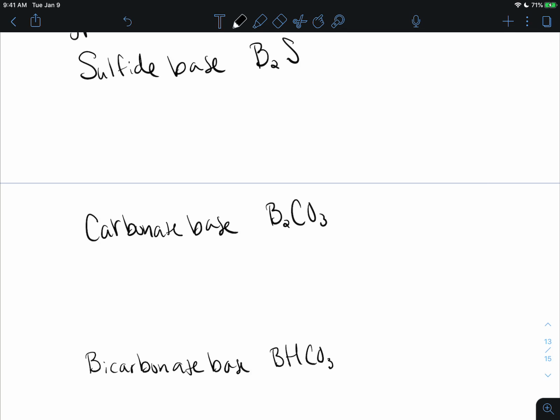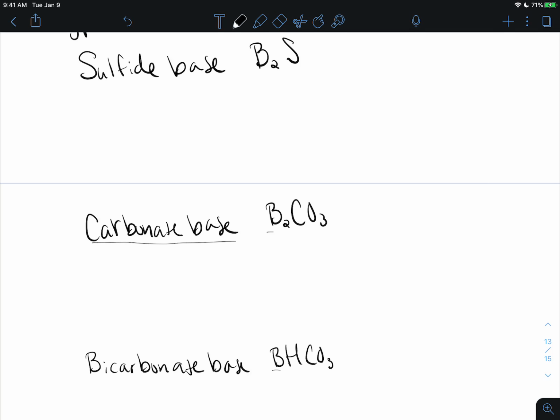Okay, I want to point out the carbonate base. A lot of people confuse it as an acid, or they confuse carbonic acid as a carbonate base. When you see H2CO3, that's carbonic acid, and it acts as an acid. If you see any metal cation in there with carbonate, that is a base. So please keep those in mind.